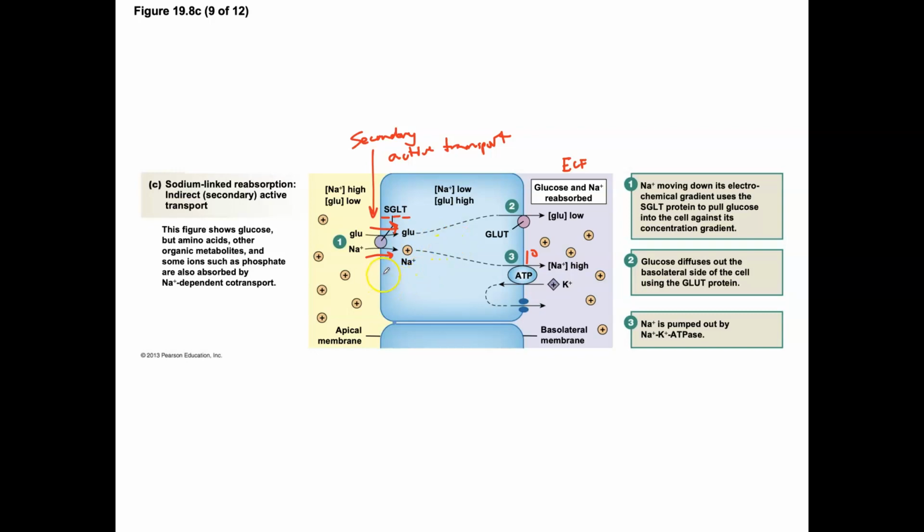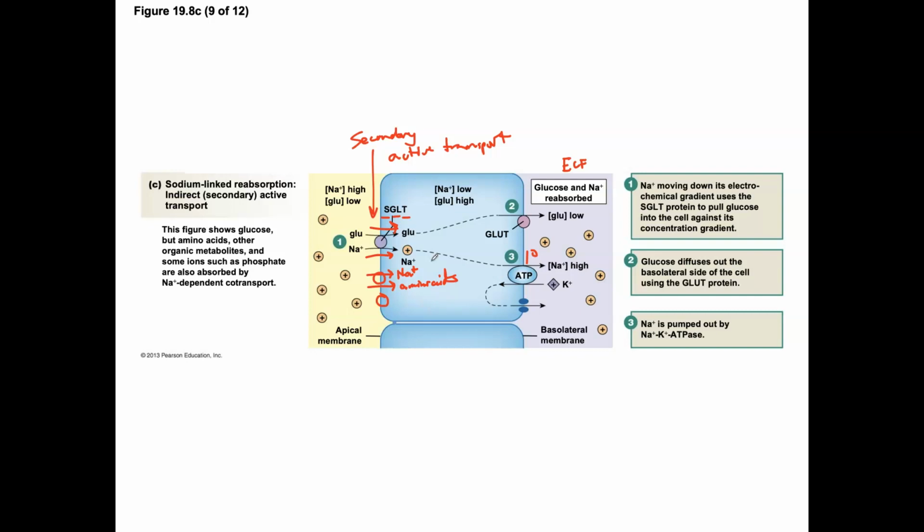But we could add other secondary transporters to give us an idea that we can move sodium into the epithelial cell along with amino acids. And of course, there's lots of different types of amino acids. So sodium with glycine, sodium with methionine, sodium with glutamate. We can move these amino acids into the epithelial cells through secondary active transport using sodium.